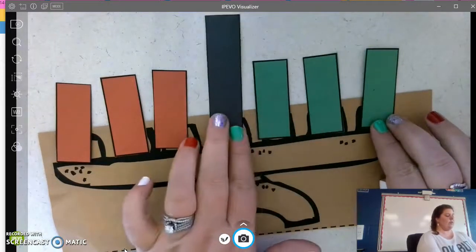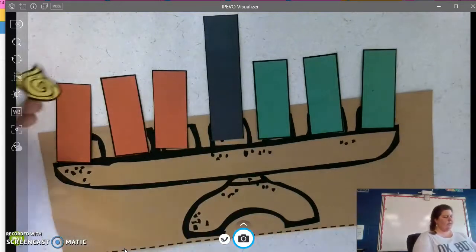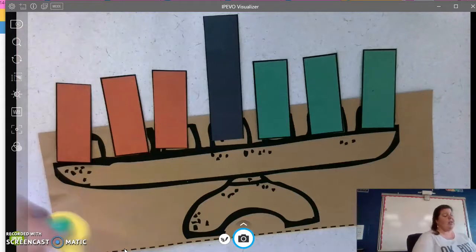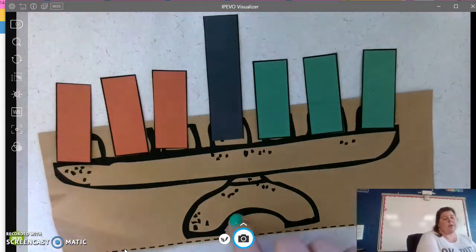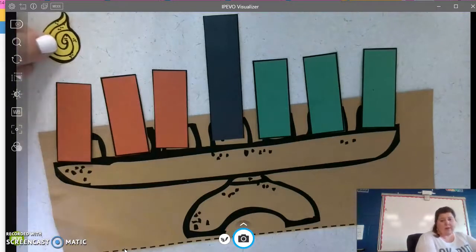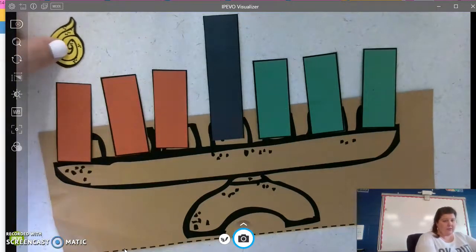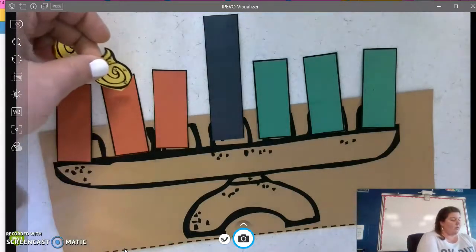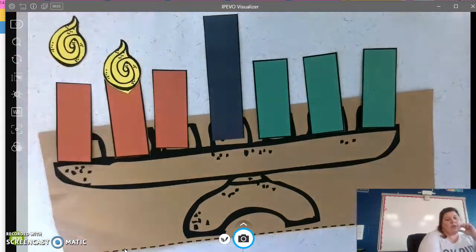Now comes the tricky part. Usually our candle flames are not right on top of our candle, they're up here a little bit. If you have a bigger piece of paper and you want to glue the Kinara onto a bigger piece of paper, and then you want to glue your flame above your candle, go for it. If you don't want to use another piece of paper, you can just glue your flame right on top of your candle.